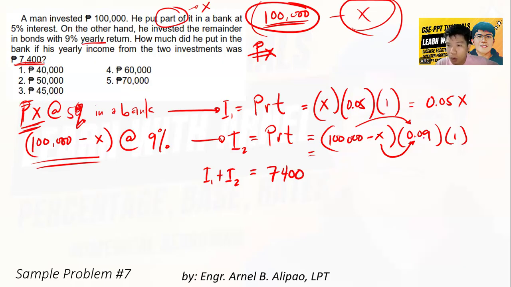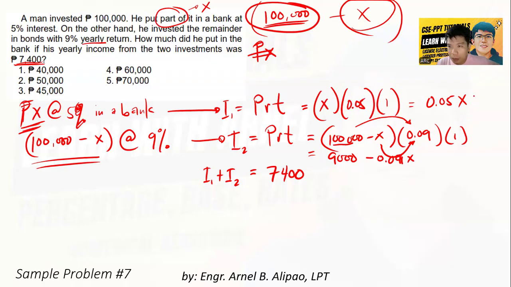You move 2 decimal places to the left, so that's 9 times 1,000, that's 9,000. Then negative X times 0.09, so that's negative 0.09x, times 1, so it's the same.